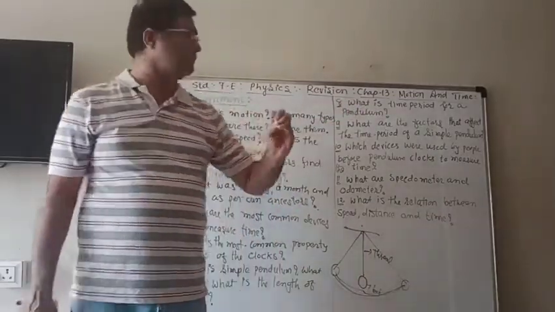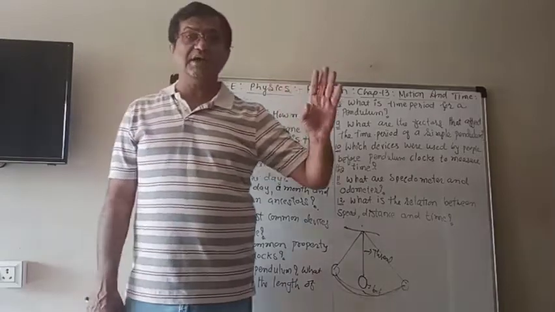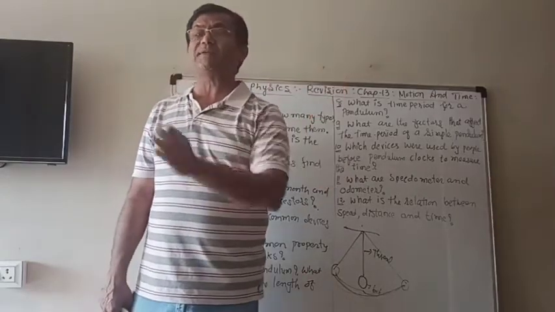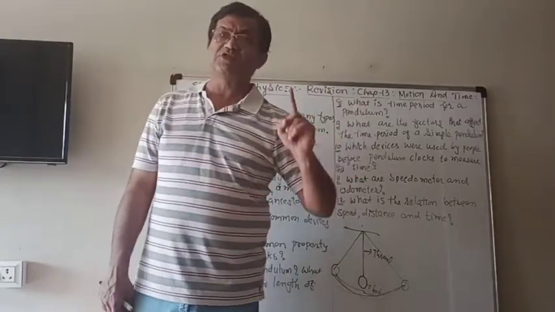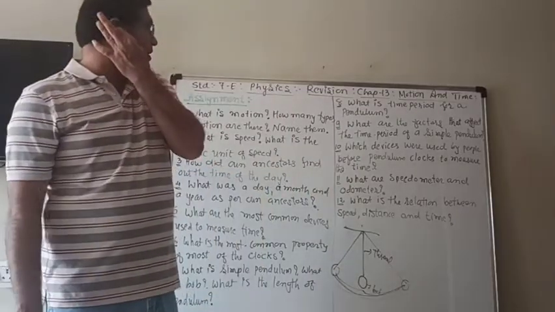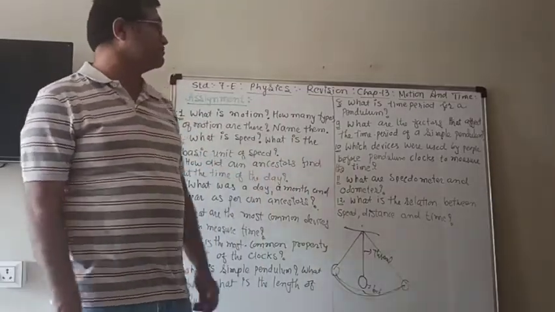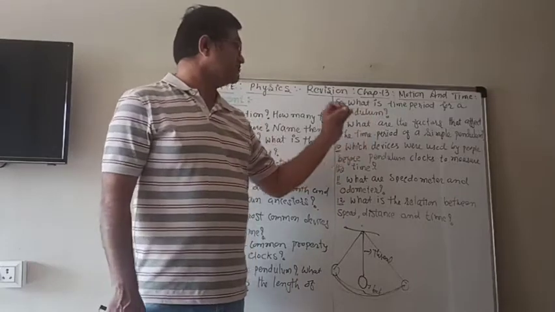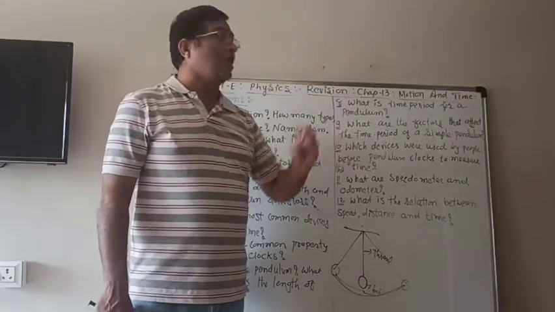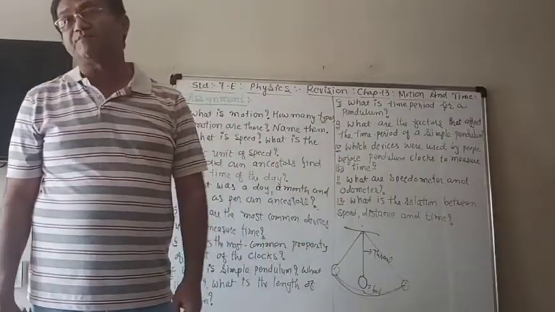The time taken to complete one oscillation is known as its time period. What is the time period of a pendulum? The time taken to complete one full oscillation. What factors affect the time period of a simple pendulum?